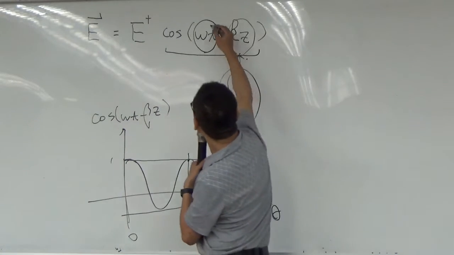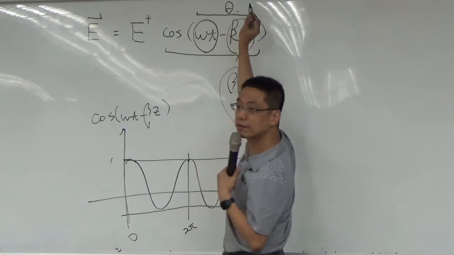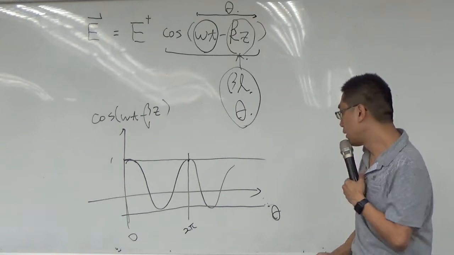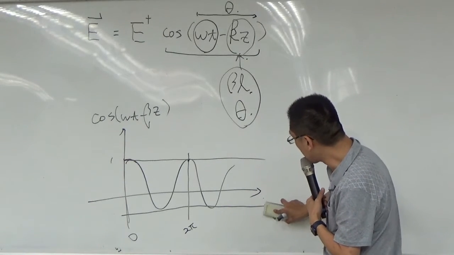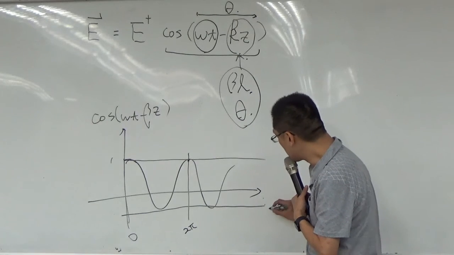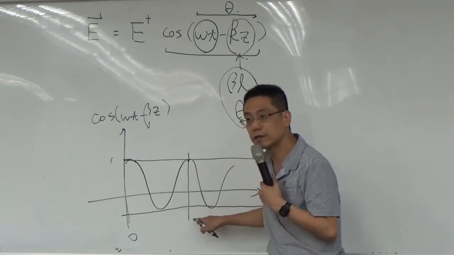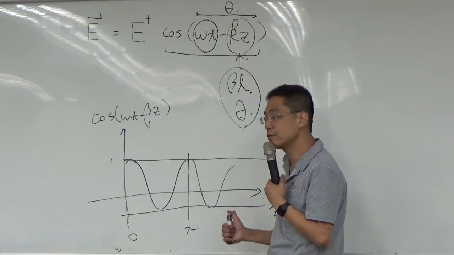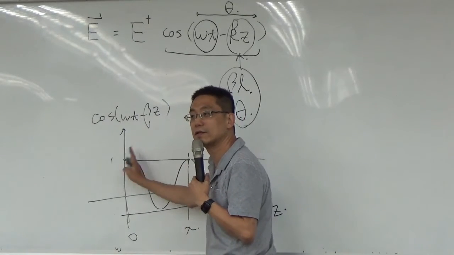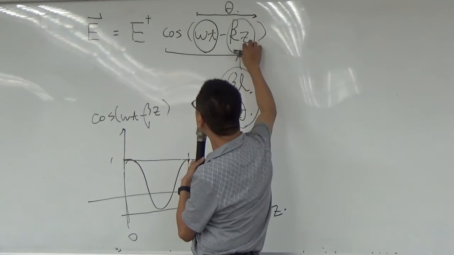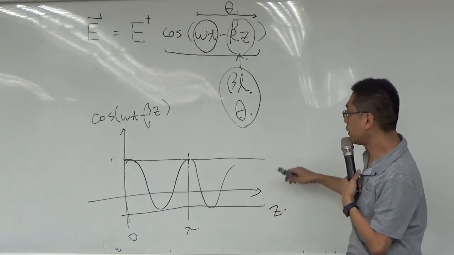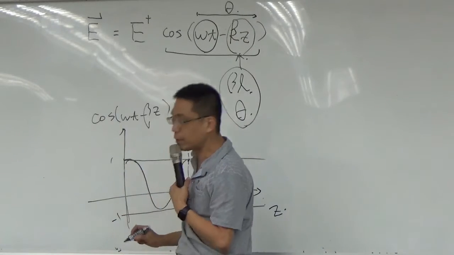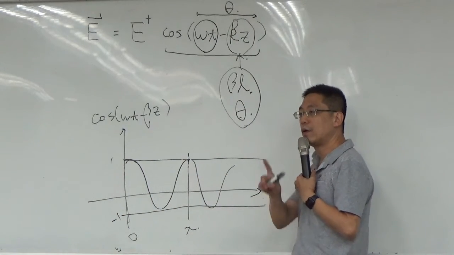Theta means everything, the phase. Okay? And if I change theta to z, this one is lambda. Told you before, this is 1 wavelength, and this is the cosine. Okay? And this is 1 and minus 1. Okay. One more question.